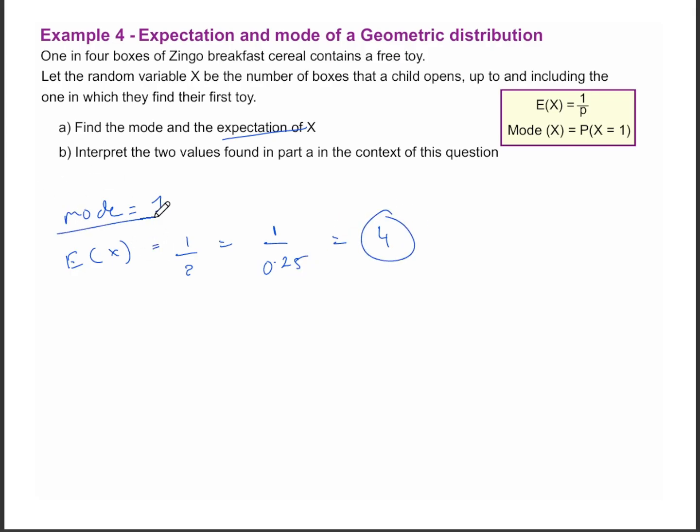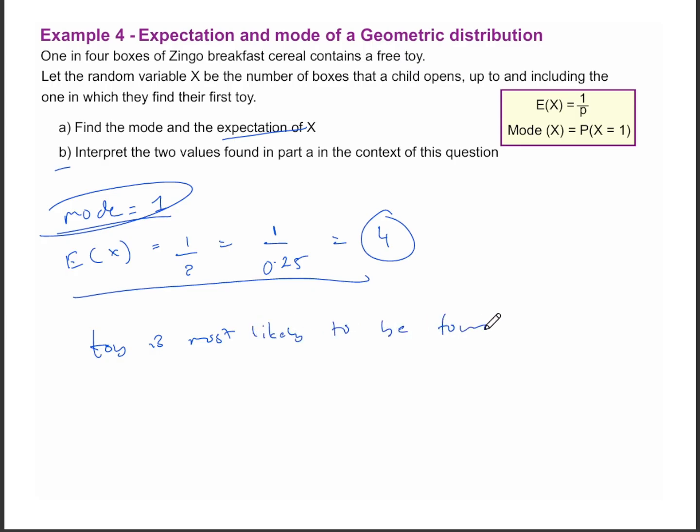Now let's just explain what these two mean. That's what part B is about. We have to interpret the 2 values that we found in part A. So what the mode means is that it is most likely to happen on the first try, meaning the toy is most likely to be found on the first try, because that's the mode.